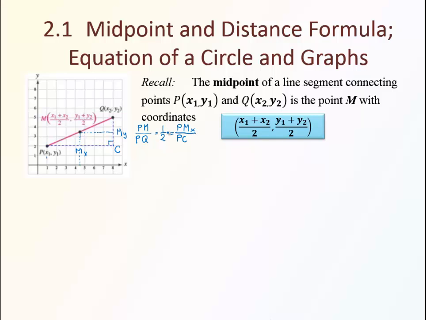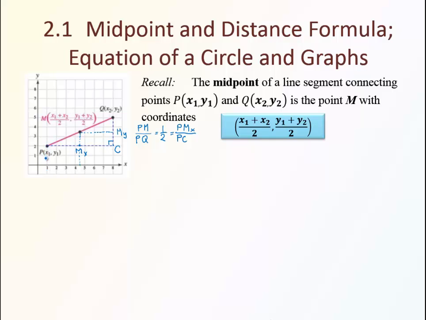That really tells us that this segment PMX is actually half of PC, which justifies that the coordinate of the MX point is exactly the average of the coordinates of P and C.